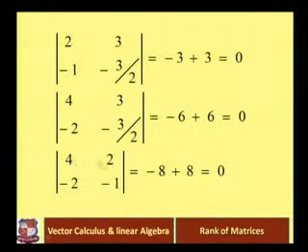Again we take one minor, 4, 2 minus 2 minus 1, and the answer of that 2 by 2 determinant, that is 4 into minus 1, that is minus 4, and 2 into minus 2, that is minus, plus, so plus 4, it equals 0.